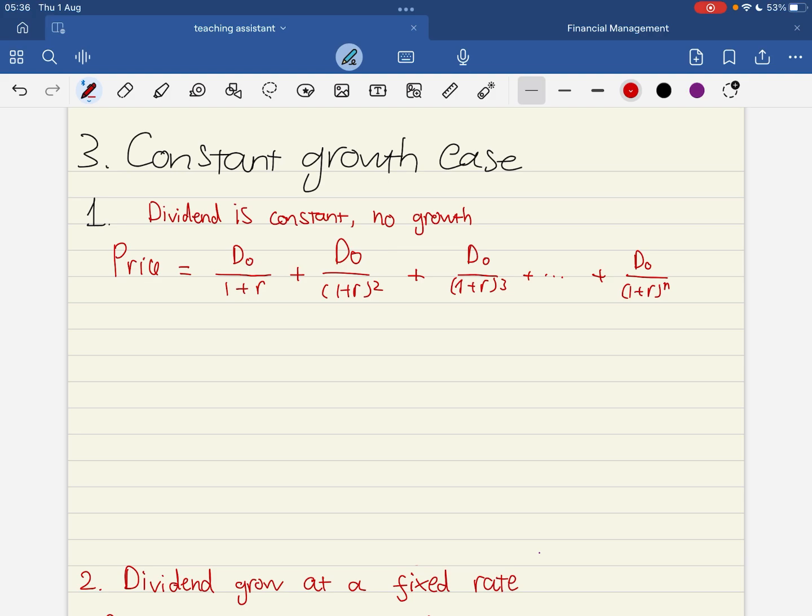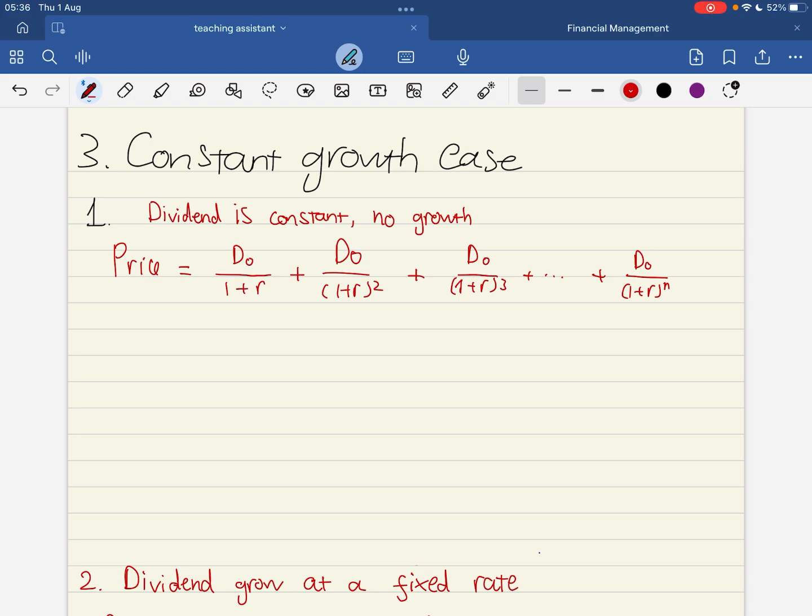There is another question here. What if the dividend is constant and there's no growth at all? How can we compute the price of a share? If you apply the concept of discounted cash flow, you can come up with this formula that I have written down here, which is D0 divided by 1 plus R, plus etc., until D0 divided by 1 plus R to the power of n.